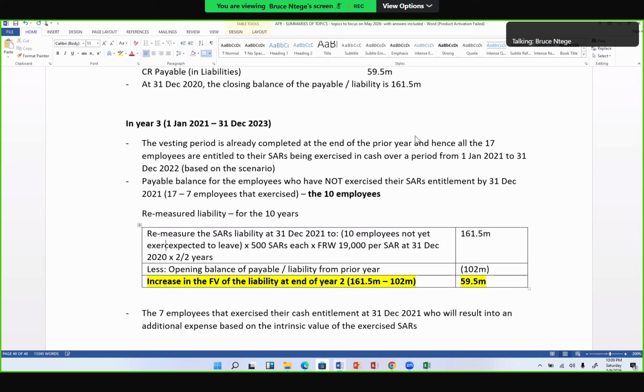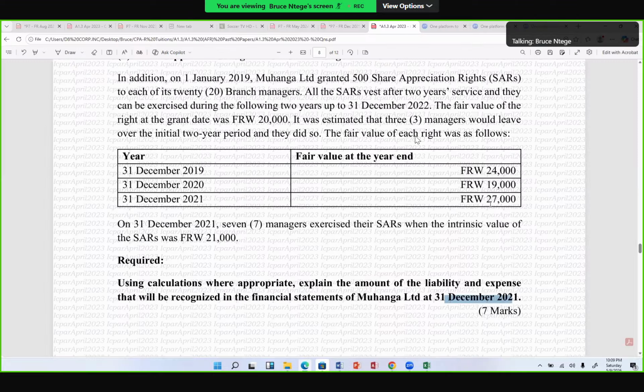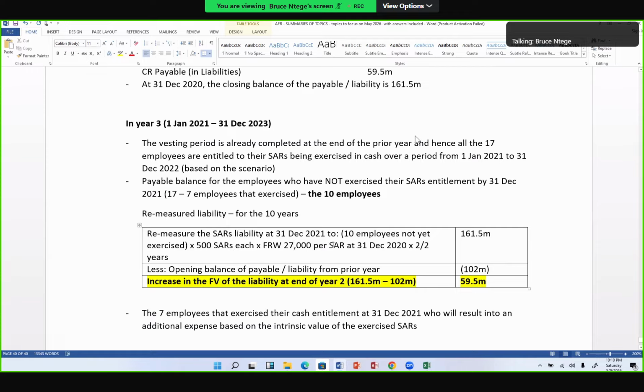Each of those 10 has 500 share appreciation rights. The fair value of those share appreciation rights, which they have not yet exercised, is 27,000 by December 2021. So I'll put that 27,000 there. And in other words, they completed all the 2 years.